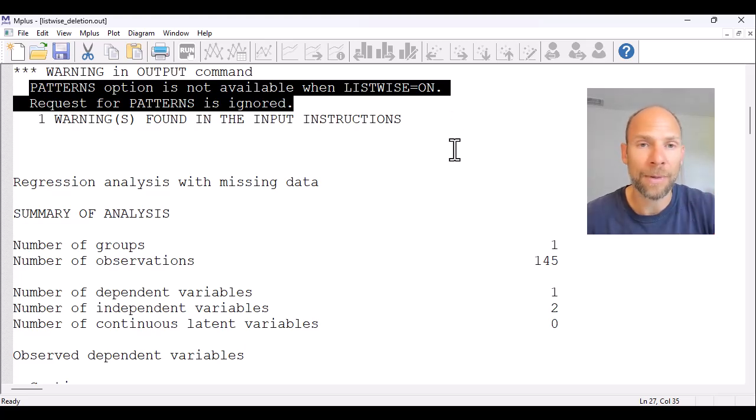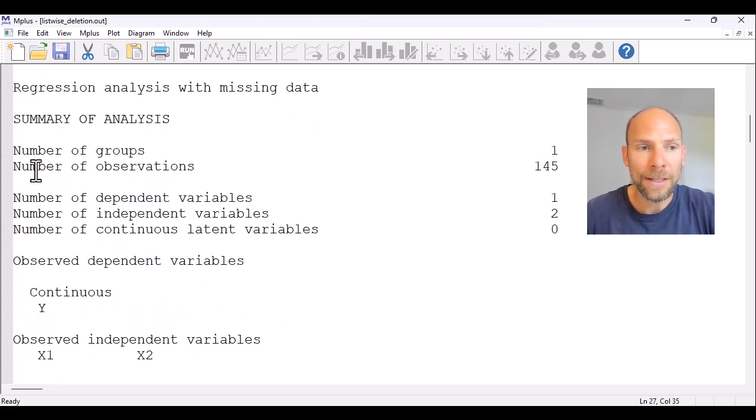So this means Mplus does not give you the missing data pattern information if you turn listwise to on, because then there is no missing data. All the missing data has been eliminated, so to say, and then Mplus will not give you those patterns. So this doesn't have any consequences for the analysis, but it's good to know that if you wanted to take a look at the patterns, then you can only do this when listwise is off, which is the default.